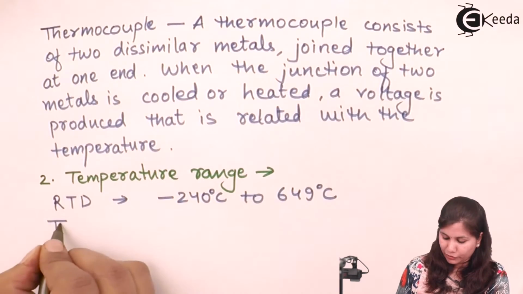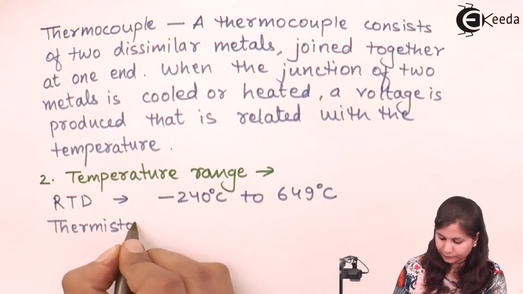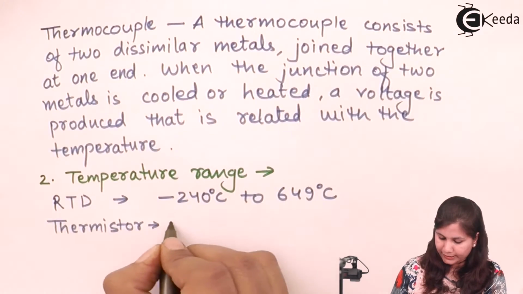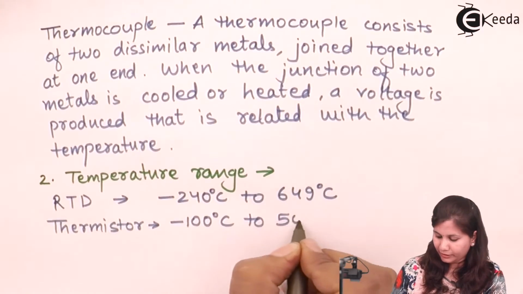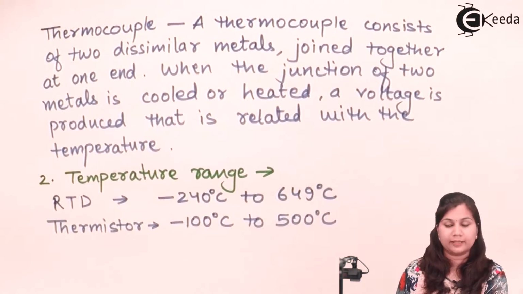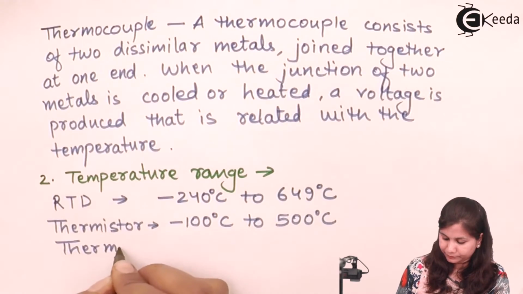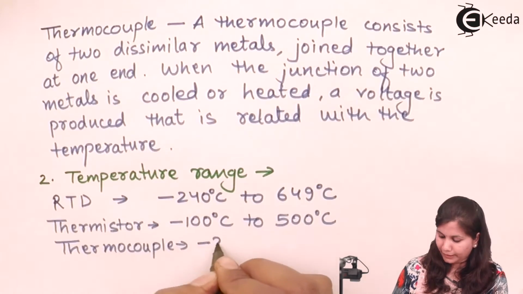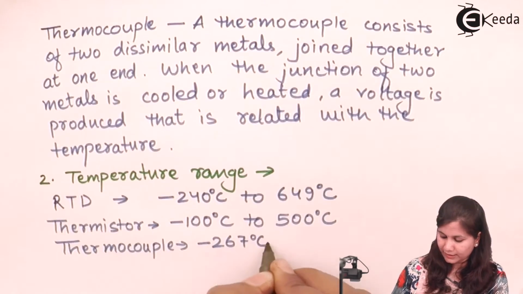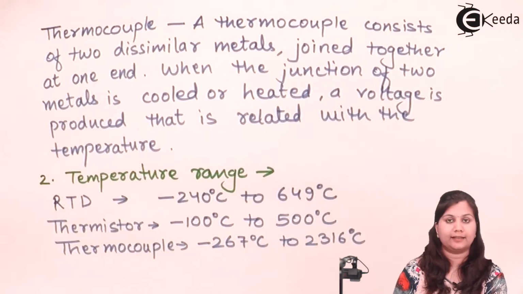For thermistor, it is minus 100 degrees Celsius to 500 degrees Celsius. For thermocouple, it is minus 267 degrees Celsius to 2316 degrees Celsius.